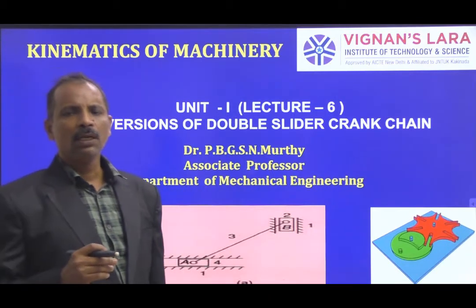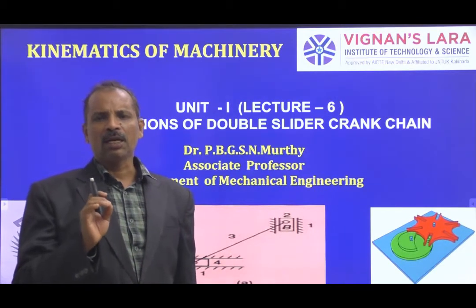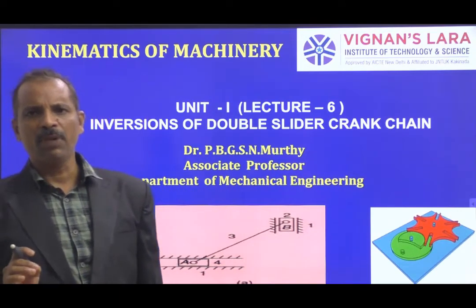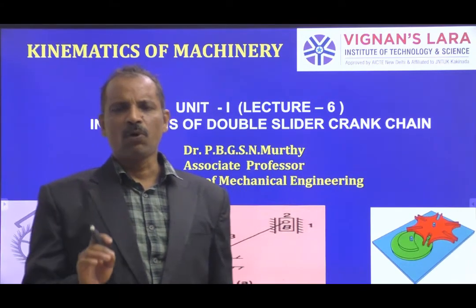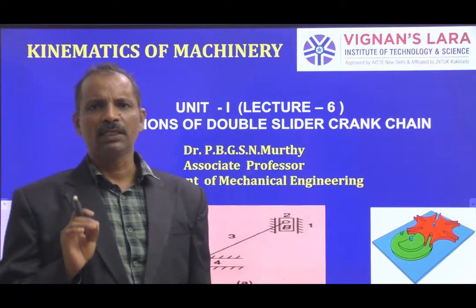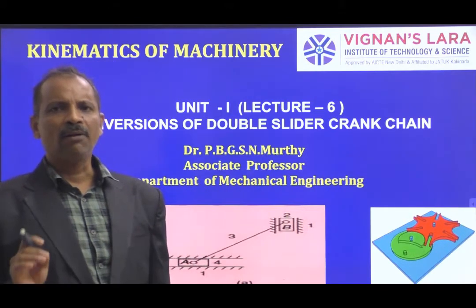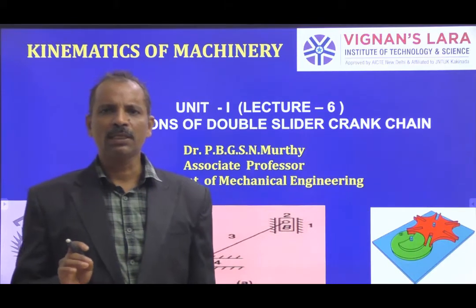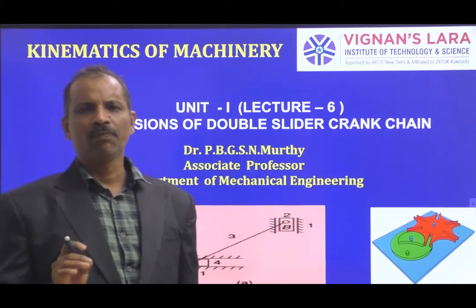That means you have taken one kinematic chain where the links are 4 in number. Out of these 4 links, one of the links is a slider. And we have seen the pairs, 3 turning pairs and 1 sliding pair.